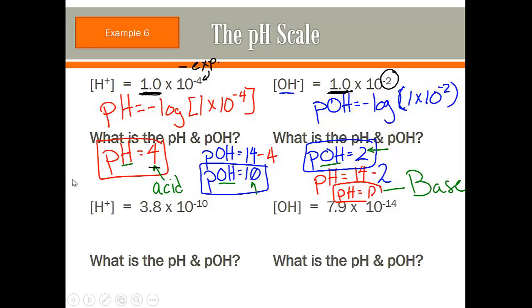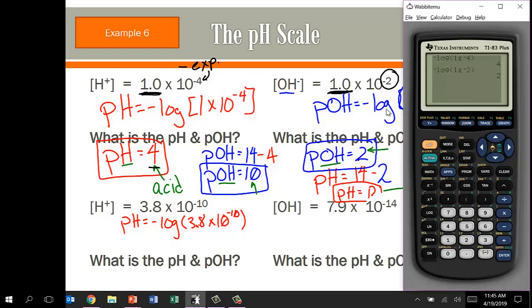If the concentration of hydrogen ions is 3.8 times 10 to the negative 10th, that means that the pH is simply the negative log of 3.8 times 10 to the negative 10th. So we'll grab our calculator and type in the negative log of 3.8 times 10 to the negative 10th.